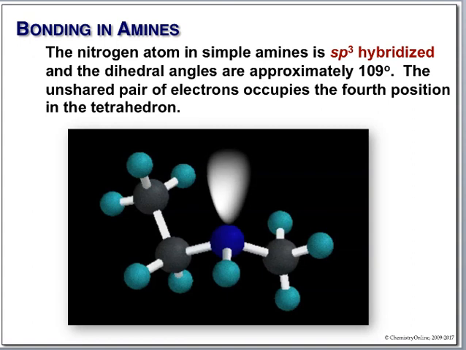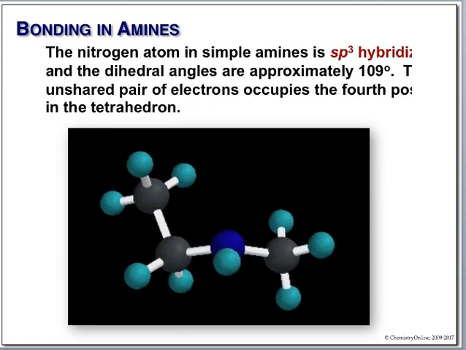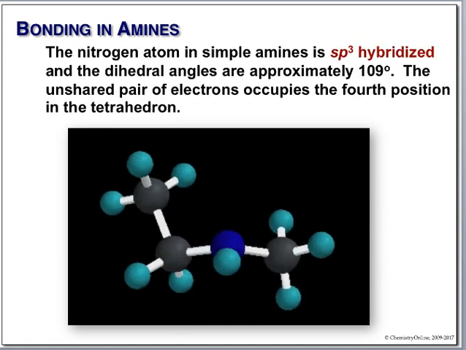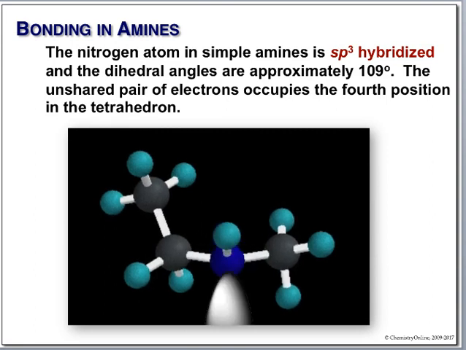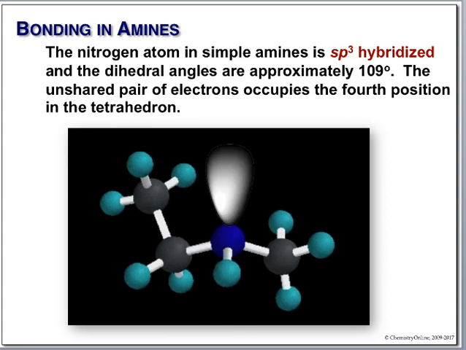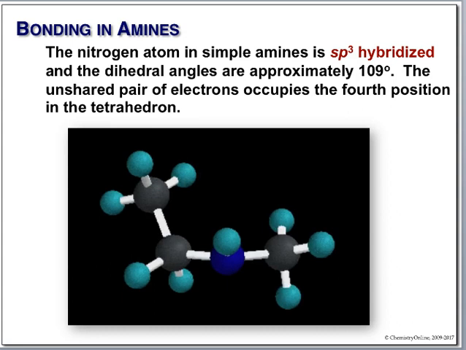So here's our lone pair, that's our 4th position, and very, very rapidly at room temperature, this undergoes inversion. So this goes back and forth. Now I'm sure you've thought about this as you see this go, but in one orientation we have R stereochemistry, in the other we have S.